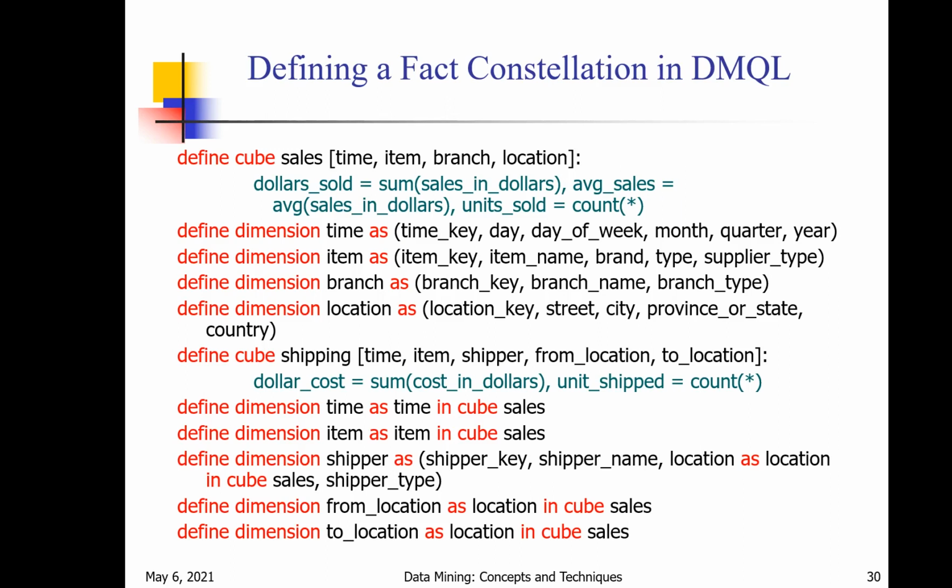Define dimension from location as location in cube sales. Define dimension to location as location in cube sales. These from location and to location both are connected to the location dimension in the sales cube, sales fact table. So that's why these are defined like this.